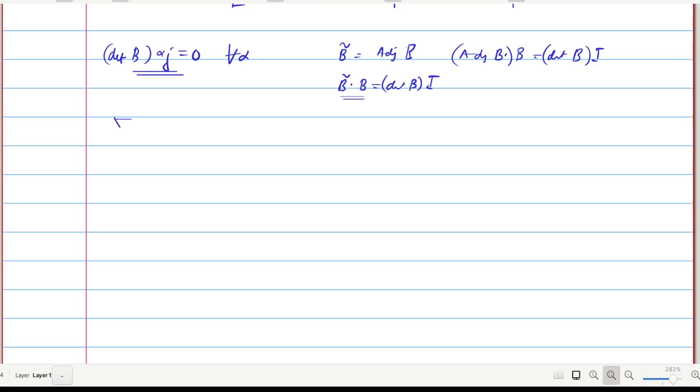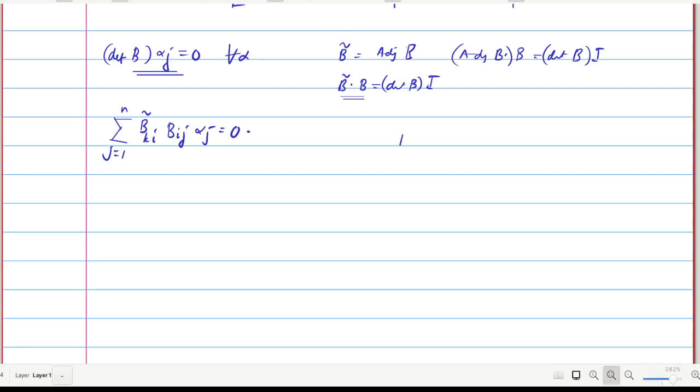That is summation j is equal to 1 to n, b_ki tilde, so this is the kith entry of adjoint of B, times b_ij alpha j equal to 0. This is nothing but the definition of b_ij.